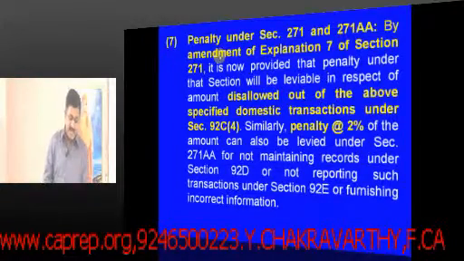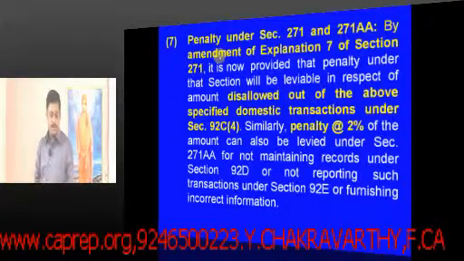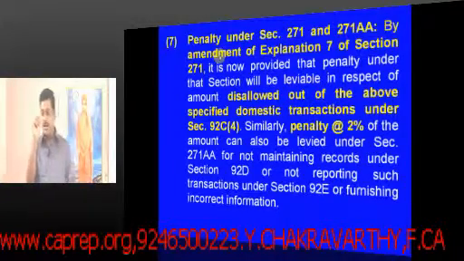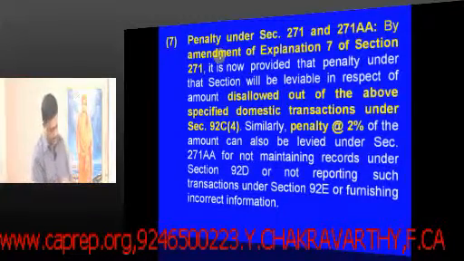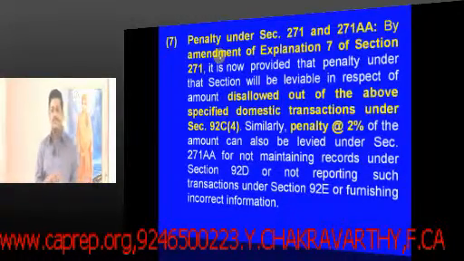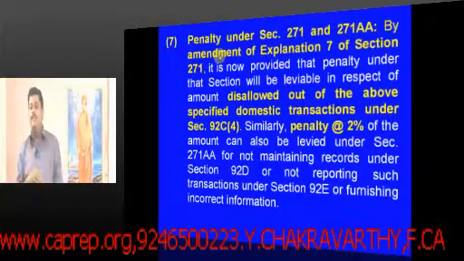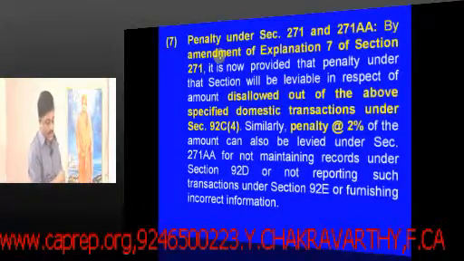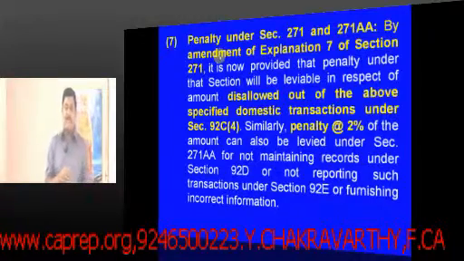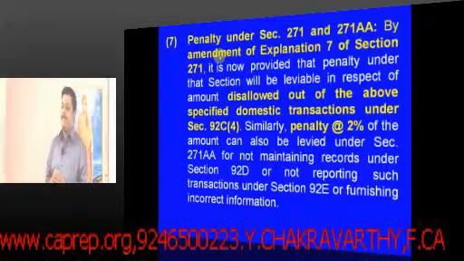First, the definition of specified domestic transaction. Write down section 92BA.